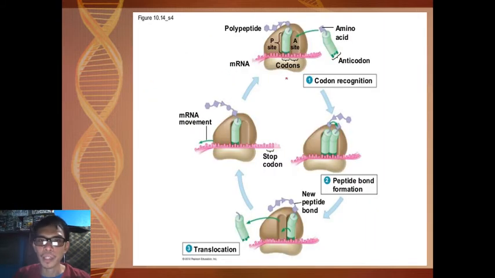These are the step-by-step processes of how protein synthesis, or translation, works. Let's start with the first one, codon recognition. The codon recognition is from the mRNA. This pink one is your mRNA. Your anticodon is carried by your tRNA, and it has the amino acid that corresponds to the mRNA.